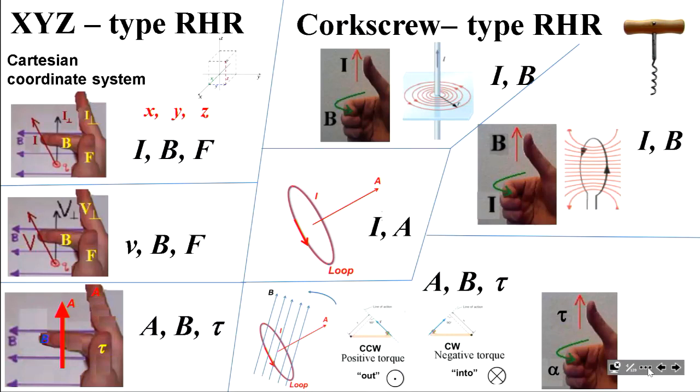And here we have, at first glance, a different type of right-hand rule. It's based on how a corkscrew or general right screw would move if we would make it rotate. If you would use a screw here and would spin it in this direction, how do we call this direction?